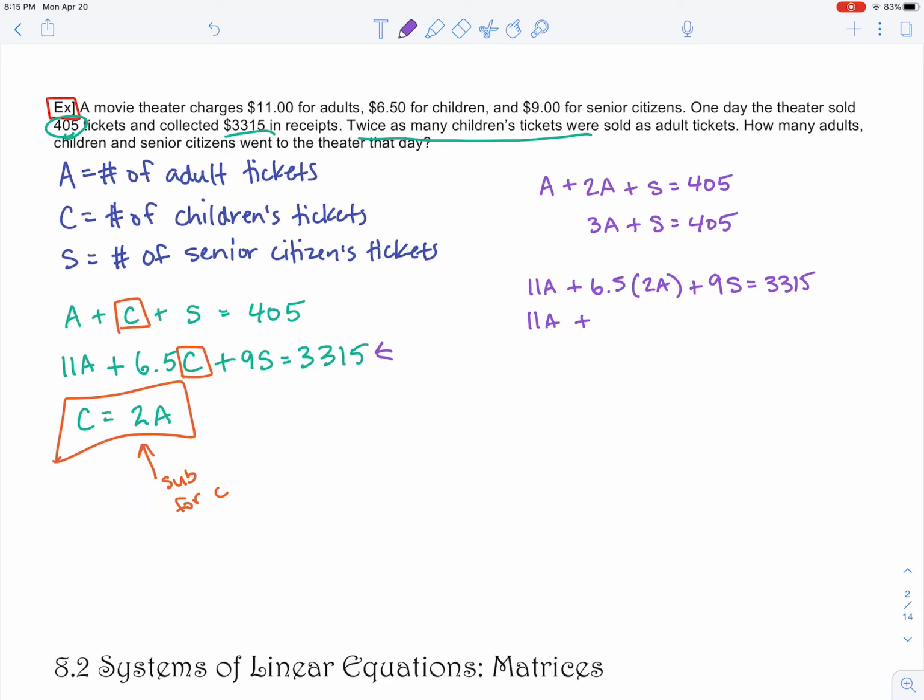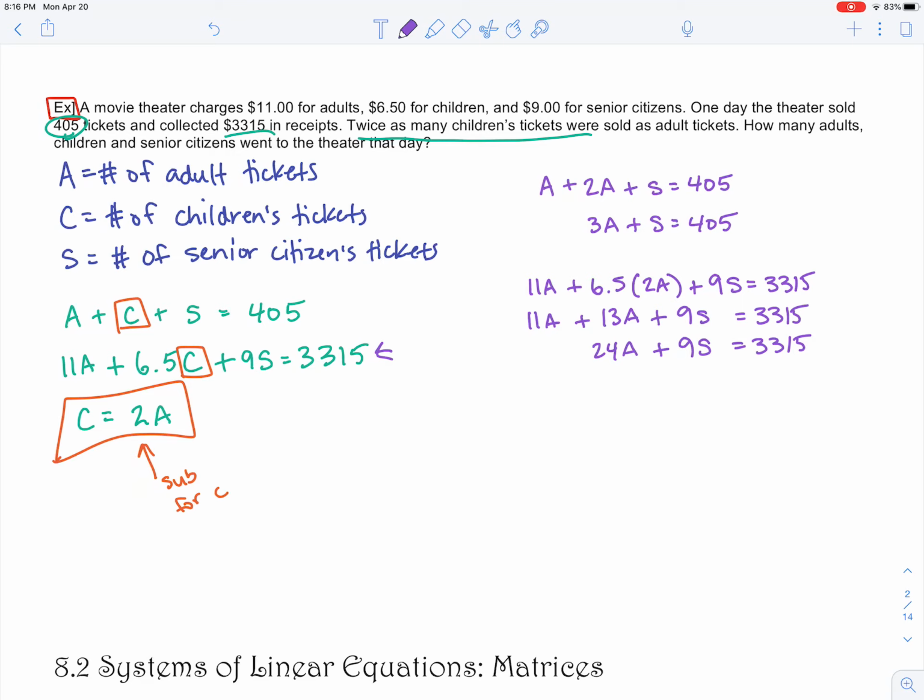So 11A plus 13A plus 9S equals 3,315. I can combine like terms. 24A plus 9S equals 3,315.